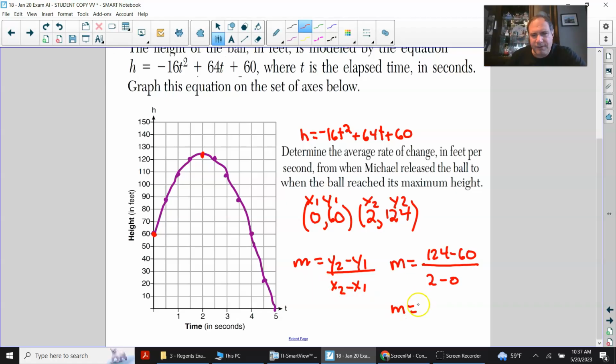M equals 32 feet. And that is your answer.